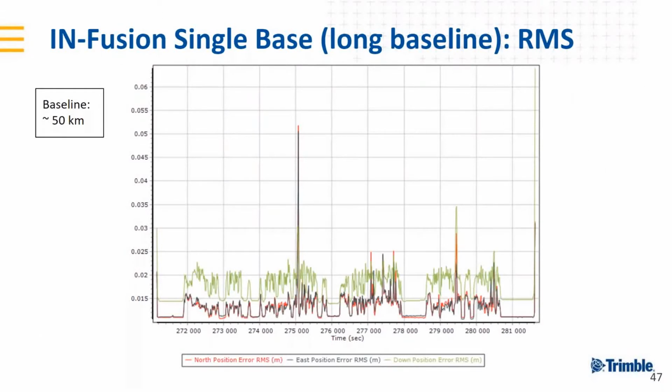For single base processing mode with long baseline, for most areas, the north and east position error is within 1.5 centimeters, and the down position error is within 2.5 centimeters.